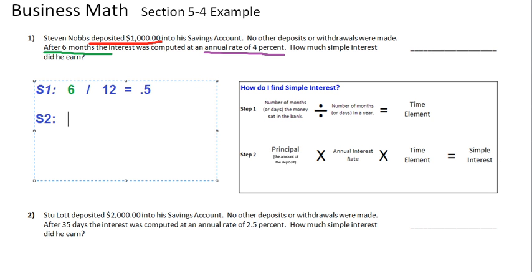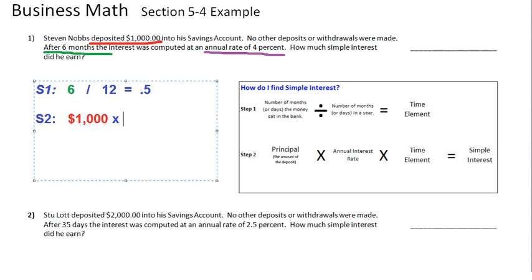Step 2 asks, what's the principal? The principal is a fancy word for the amount of money that's in the bank, or the amount of money that's being deposited. We're not talking about our principal here at school. We're talking about the amount of money that we're focusing on and dealing with to begin with. And that's $1,000. Now we're going to multiply that times the annual interest rate.